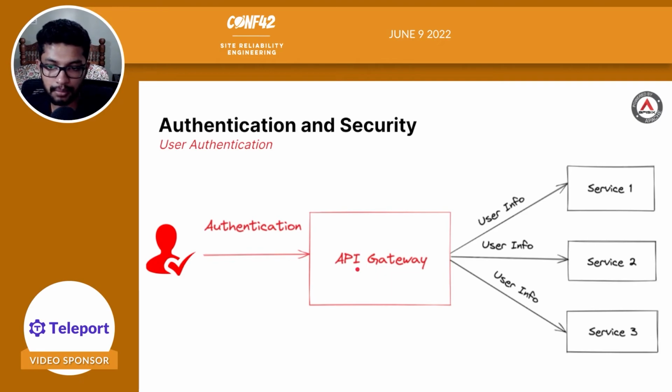So basically the API gateway takes care of all of your authentication needs, and once your client is authenticated, the info gained from the authentication can be used later on in your backend or in your services.